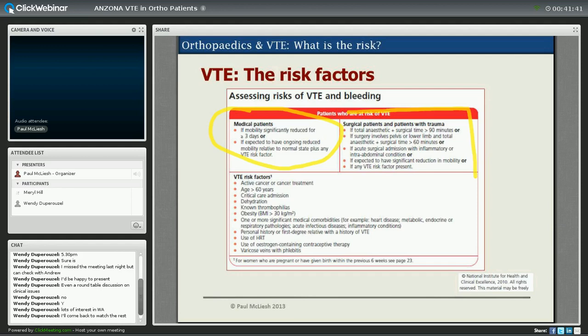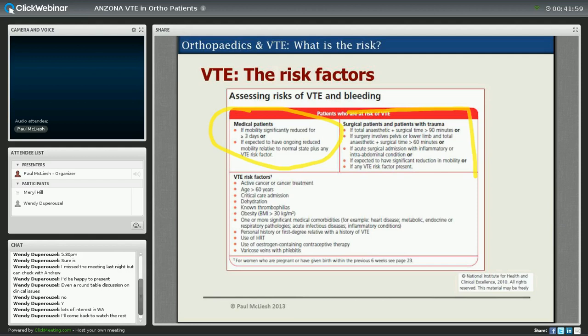If someone's over 60, if they're a critical care admission, if they're a bit dehydrated, if they're obese, if they have one or more significant medical comorbidities, if they've had a VTE in the past, obviously that's a really high risk of getting it again.